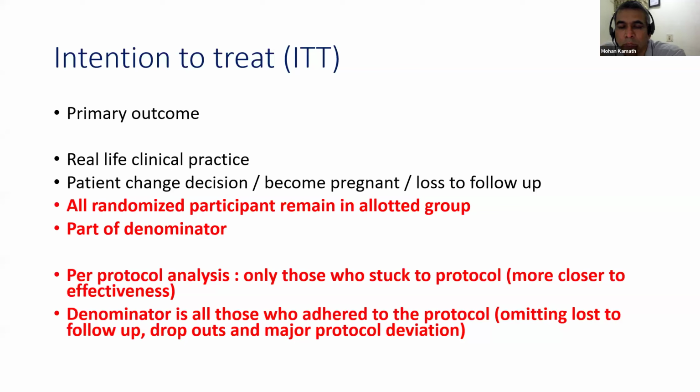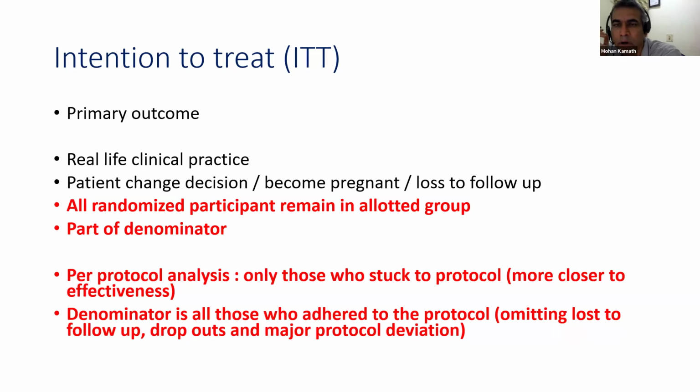So all those who did not turn up after randomization or dropped out will not be a part of the denominator. And that's per protocol analysis. So put it simply, per protocol is generally closer to the effectiveness in an analysis.